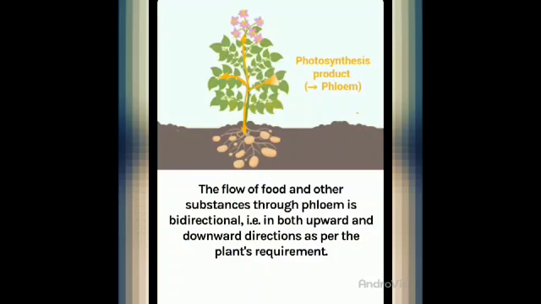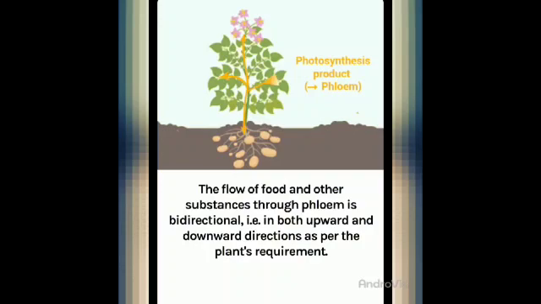So the flow of food and other substances through phloem is bidirectional. Bi means two, that means in both upward and downward direction as per the plant's requirement. This is also a very important point, children. This food transport through the phloem tissue is bidirectional.